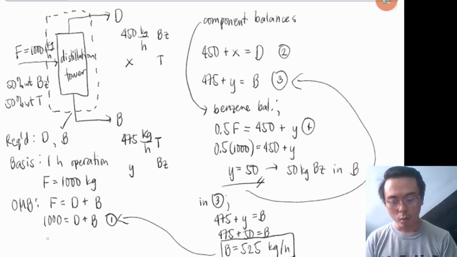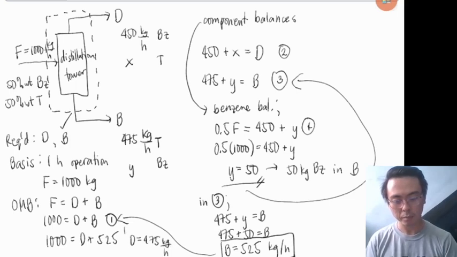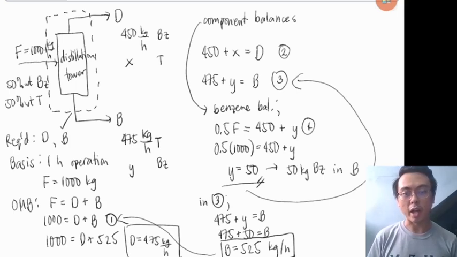So 1000 is equal to D plus 525. We have a value of D, which is 475 kilograms per hour. And you're finished with the entire material balance.